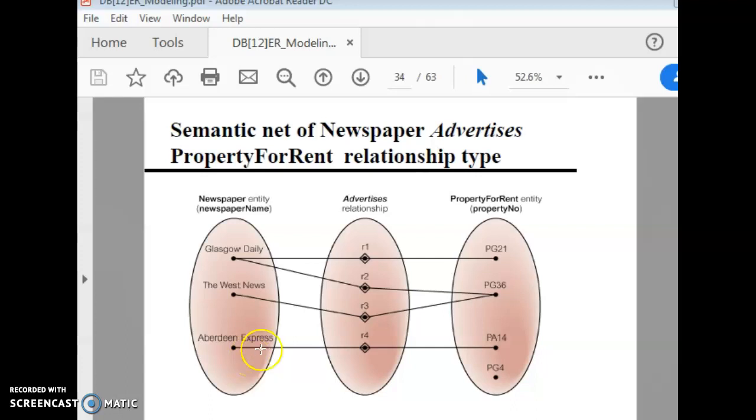So, it tells that one newspaper advertises one or more properties for rent and one property for rent is advertised in 0 or more newspapers. Therefore, for newspapers, there are many properties for rent. And for each property for rent participating in this relationship, there are many newspapers. So, we can say it is a many-to-many relationship.